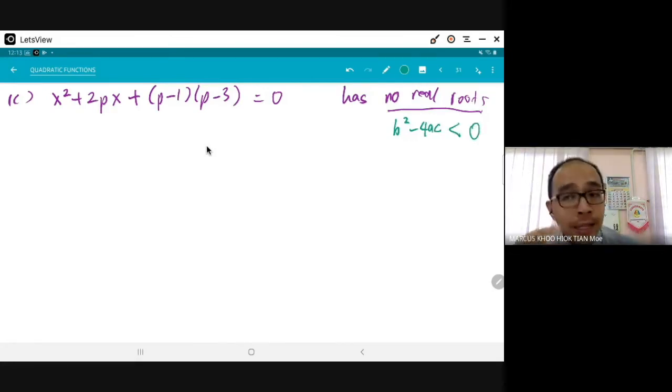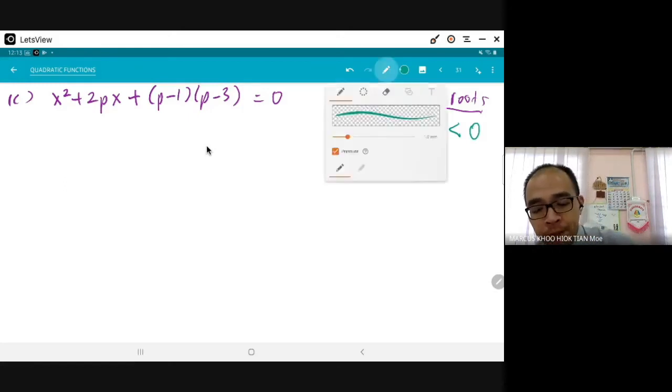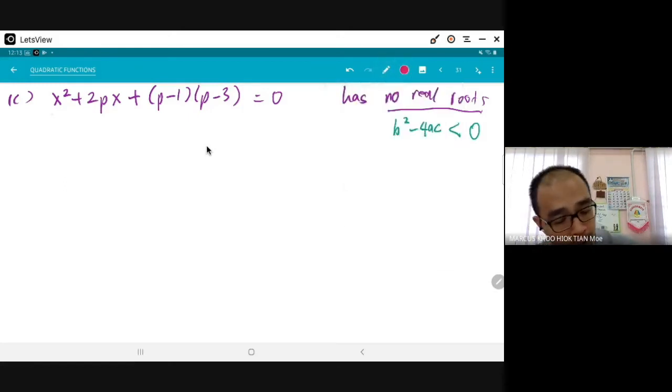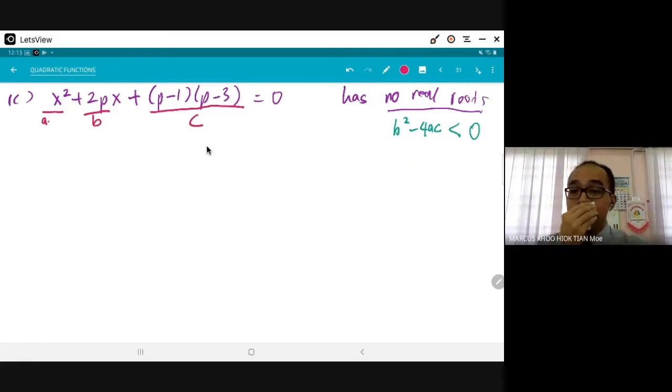Now, keindahan tentang soalan ini adalah dia sudah ax squared plus bx dan ini semua adalah c. So, tiada x langsung di sana. Kan? So, kita boleh terus ganti.